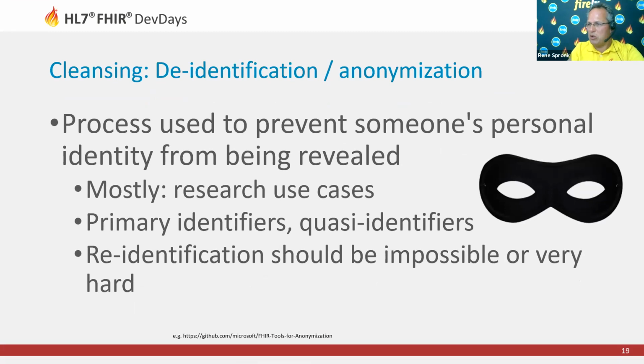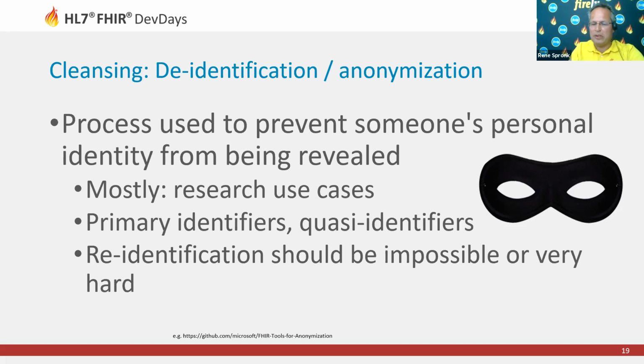Now, as part of cleansing, you may have to do de-identification or anonymization. And that's a topic in and of its own. So we're certainly not going to cover that in detail. But it's basically the process to make it very hard, preferably impossible, but at least very hard to re-identify the patient. But this again, just like data quality management, is something that's highly contextual.